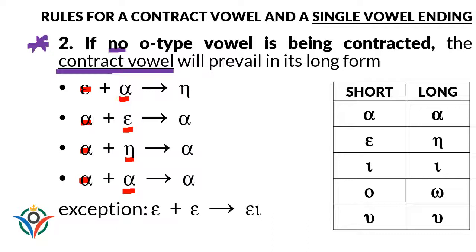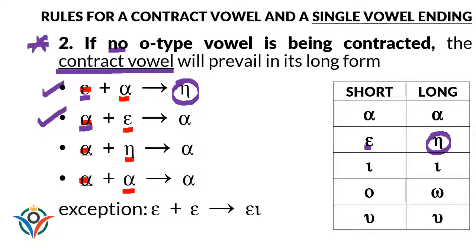The first one, we have an epsilon plus an alpha. All right, so what is the lengthened form of the epsilon? If we have a look here, here's the epsilon, its long form is eta. All right, so we have the eta that prevails. The second example, alpha plus an epsilon.